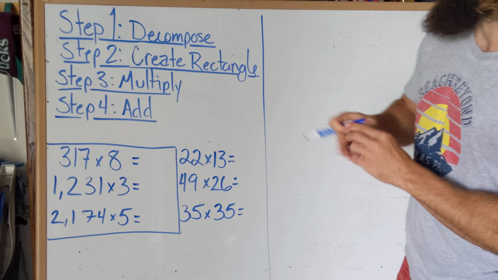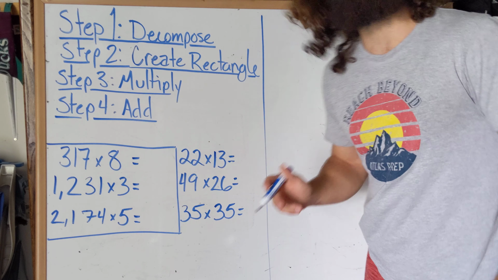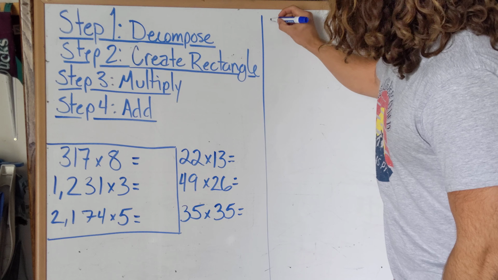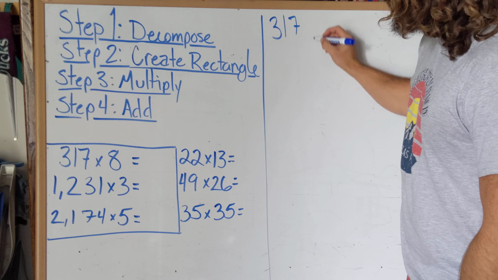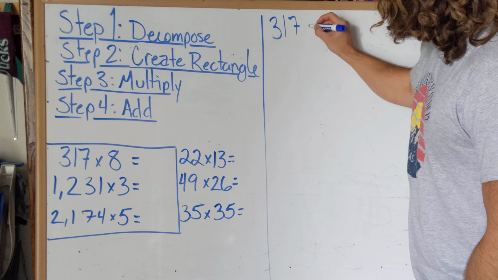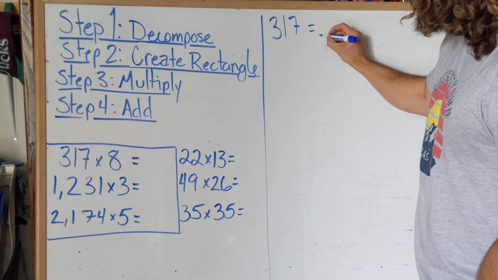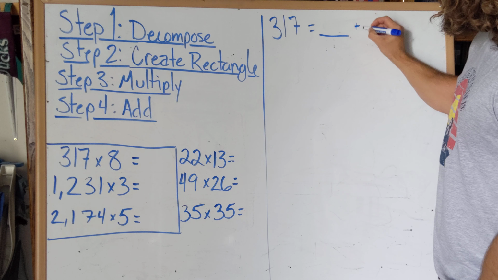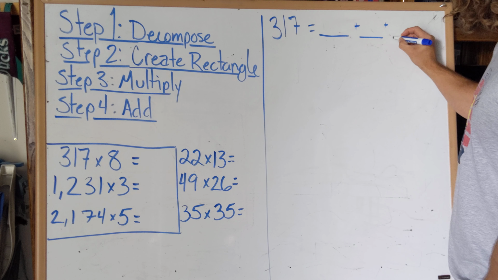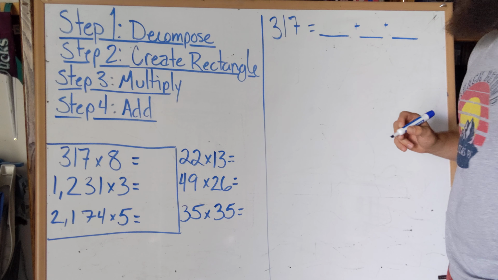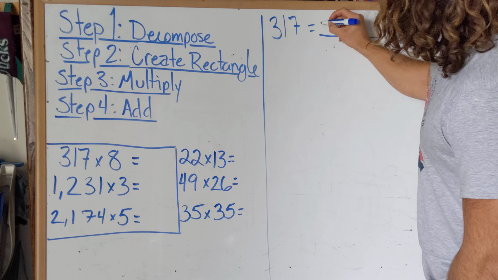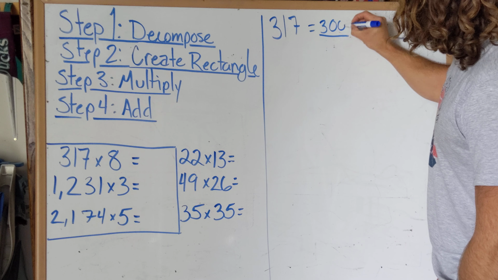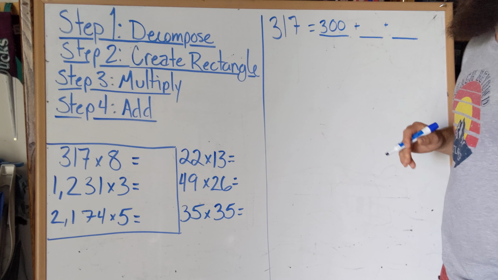I'm going to show you decompose with 317 times 8. The number 317 can be decomposed into hundreds, tens, and ones. 317 has 3 hundreds in it.